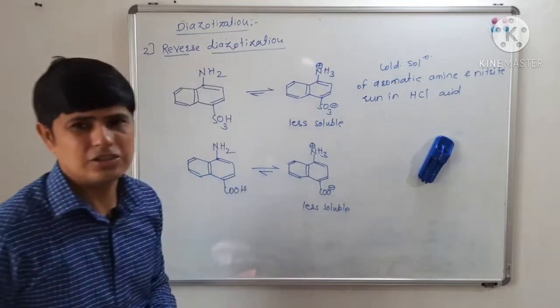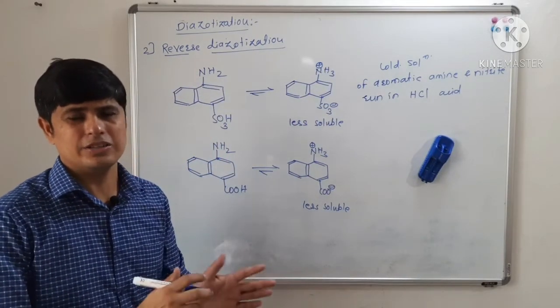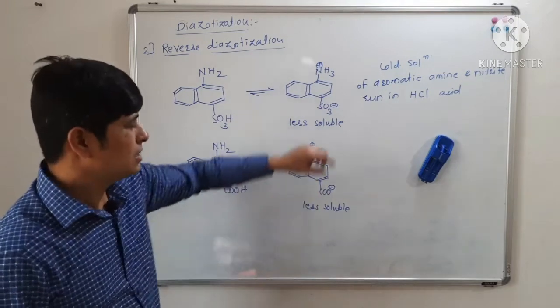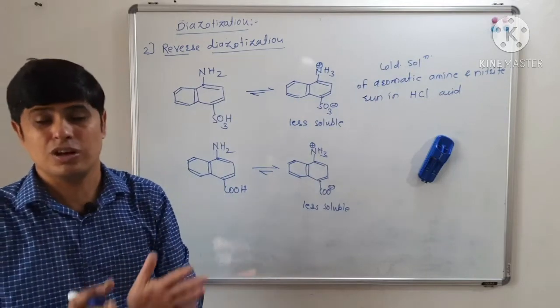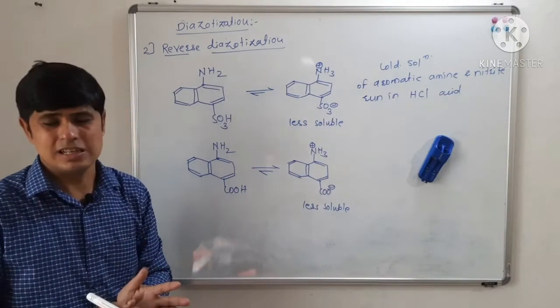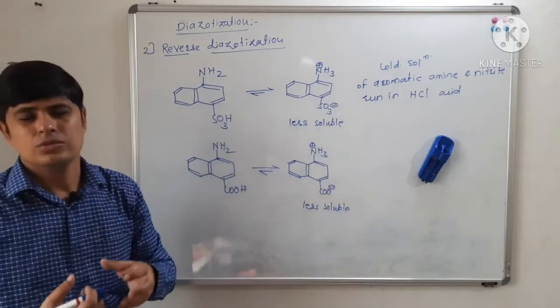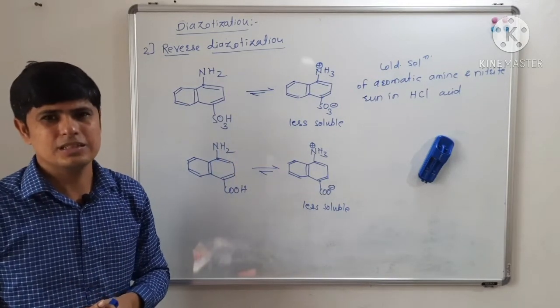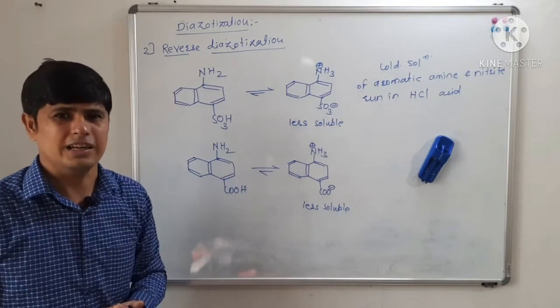So this diazotization reaction will take place. That means we have to take aromatic amine and nitrite solution all together at 0 degree Celsius, and that solution we have to run in hydrochloric acid solution. Isn't it? Then this reverse diazotization reaction will take place.